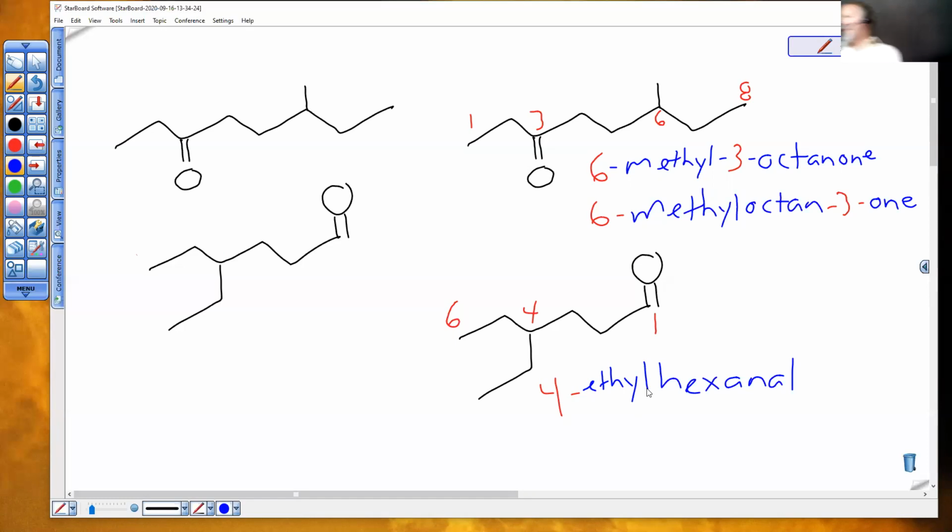And let's do one that has both an aldehyde and a ketone. We haven't seen a stereo center all day.